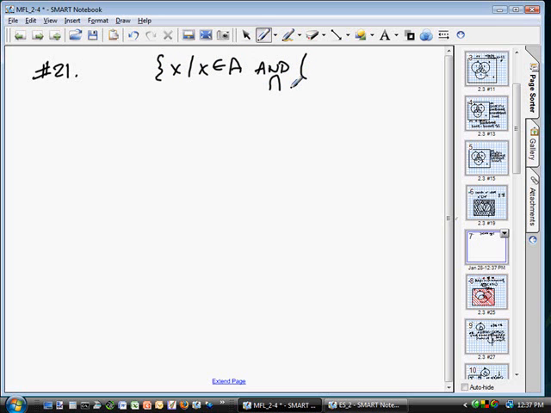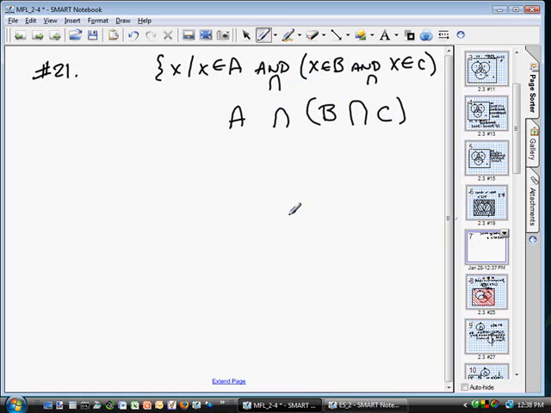Parentheses. X is an element of B. And X is an element of C. So, translation. B intersect C is this part, because and always means intersect, and then that's to be intersected with. So here's what the problem is just in bare sets.